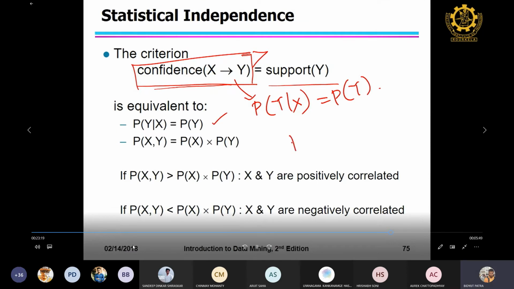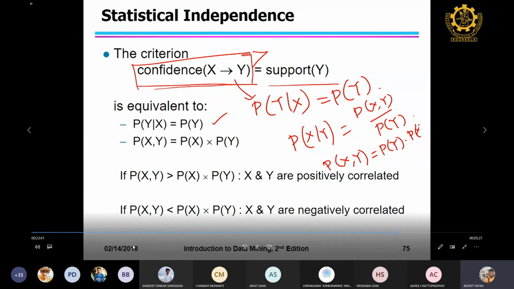Now we have probably learned the Bayes theorem, right? So from here what can we write? The probability of XY equals the probability of Y into the probability of X given Y. Okay, I think I changed something.